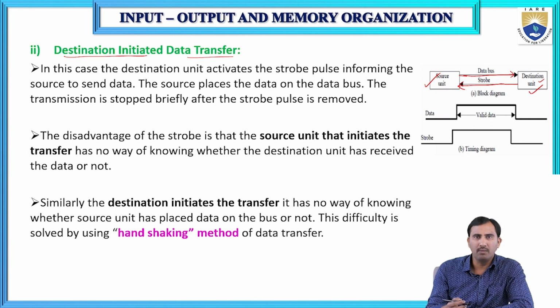To overcome that problem, we introduce one more signal, called handshaking. Strobe is one signal, and to indicate whether the transmitted data is received by the other unit or not, we add one more signal called handshaking. So using this handshaking method, it can overcome the problem we are facing.